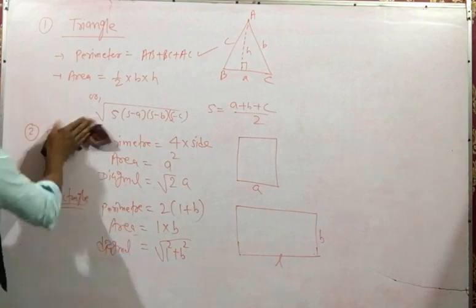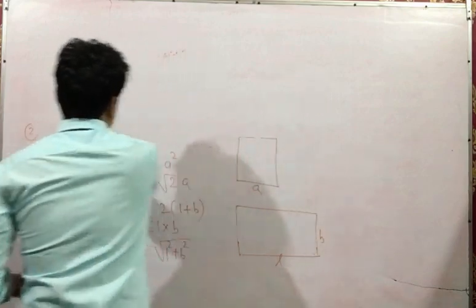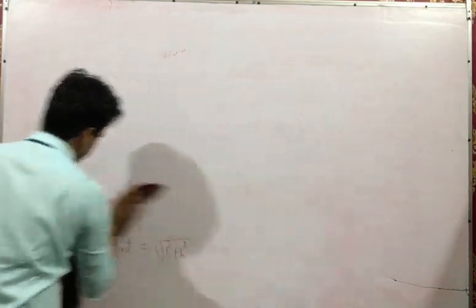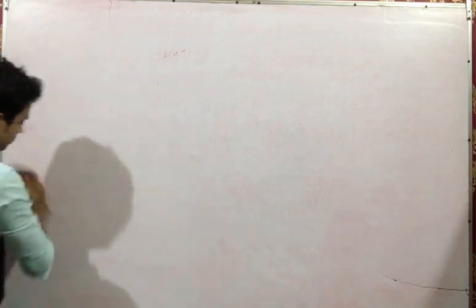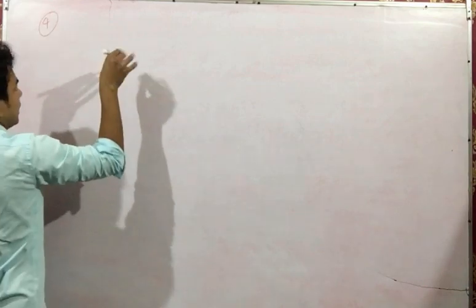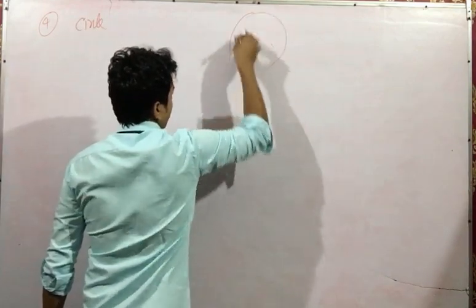After that, we will switch to circles. Let us find about circles also. These all are 2D figures. These all come under mensuration only. So the fourth shape is a circle. This is a circle.